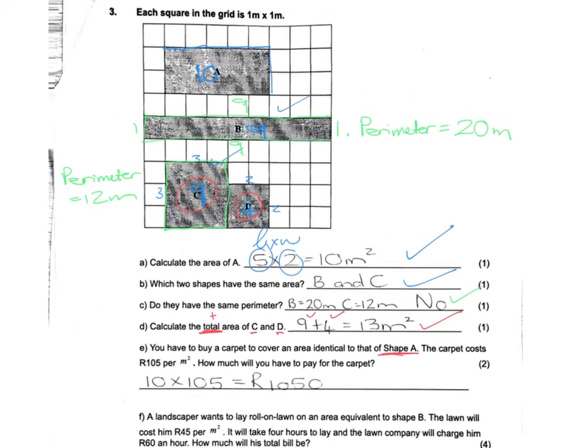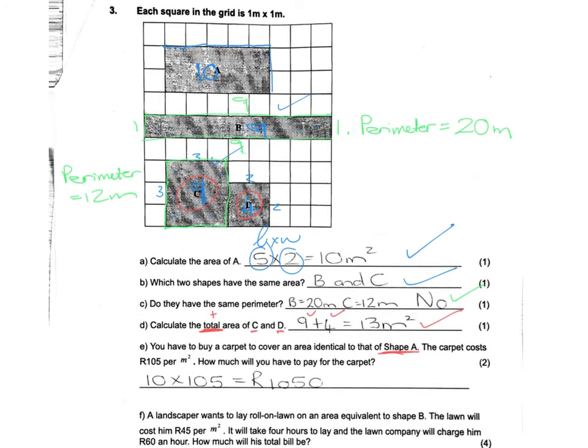Okay, now we're covering shape A. So we want a carpet that's this big. The carpet then obviously has to be 10. I've already worked this out. It's 1, 2, 3, 4, 5 times 2, which is 10. So the area is 10. So I need a 10 square meter carpet.